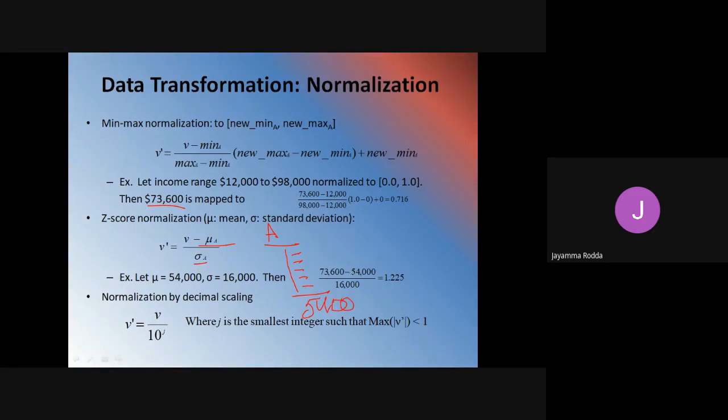The mapped income minus 54,000 is divided by the standard deviation, which for these income values is 16,000. So divide them and the value is 1.225. This method of normalization is useful only when the actual minimum and maximum of the attribute are unknown. If you do not actually know the attribute minimum and maximum values, then you can apply it.